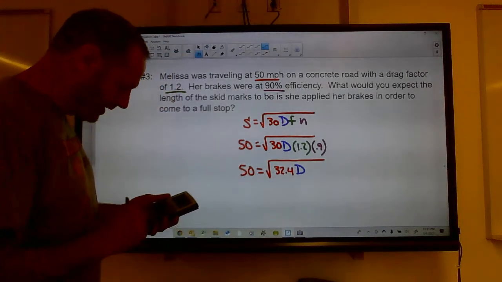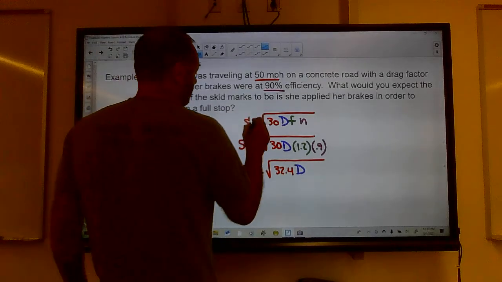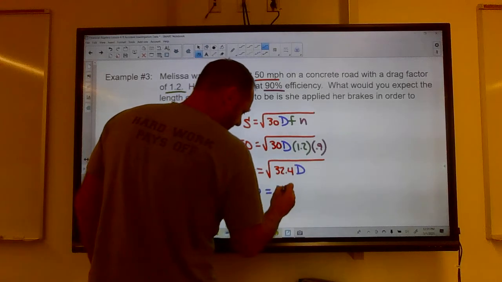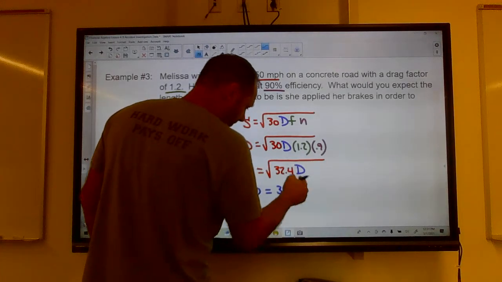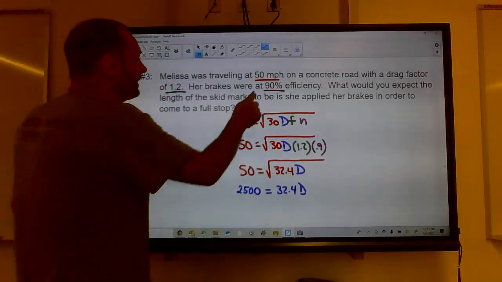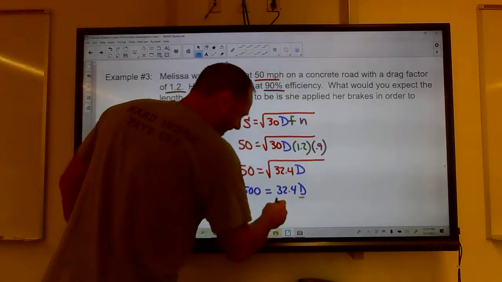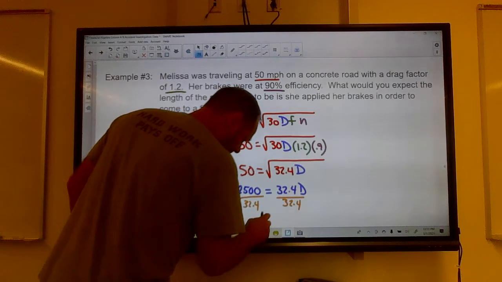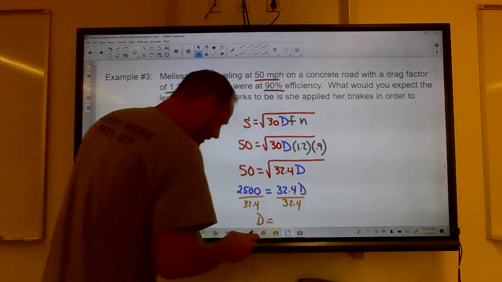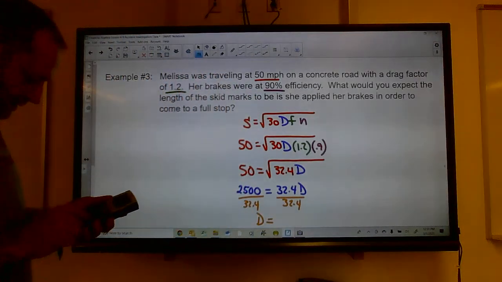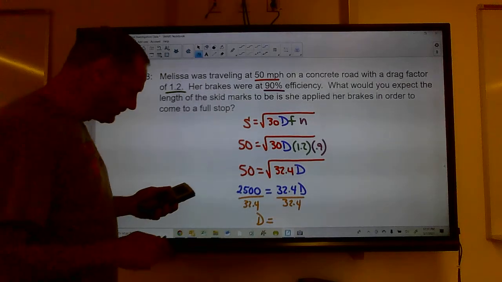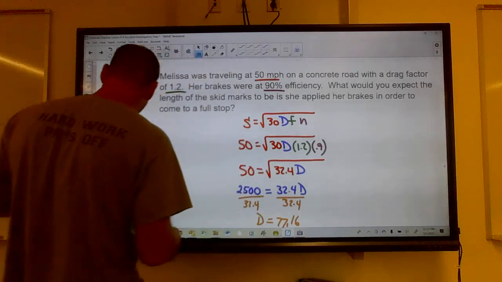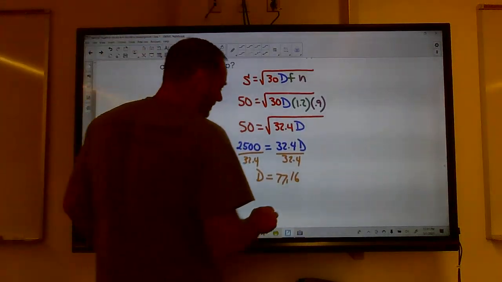So 50 squared is 2,500. That equals 32.4D. The square root's gone on this side now. So now I can simply divide both sides by 32.4, and I get D is 77.16. And that's going to be in feet.